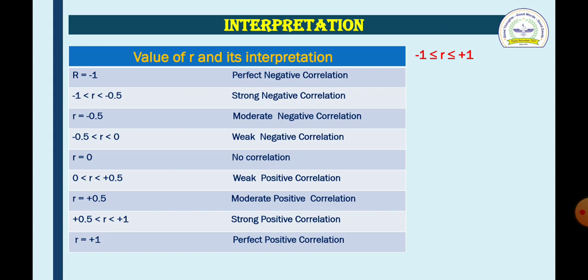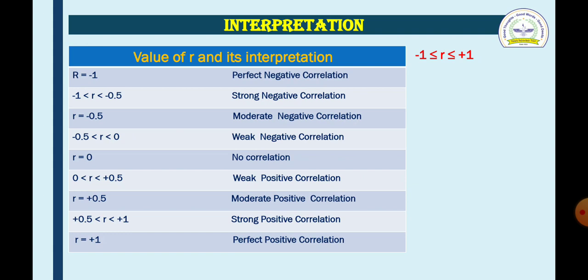If r lies between 0 and -0.5, then there is weak negative correlation. If r equals exactly 0, then there is no correlation. If r lies between 0 and 0.5, then there is weak positive correlation.